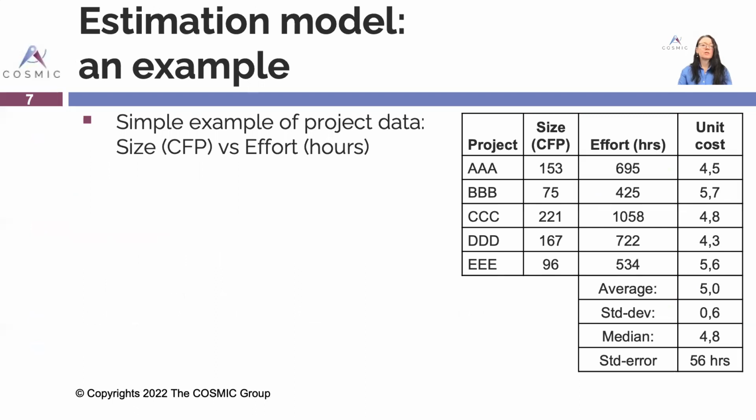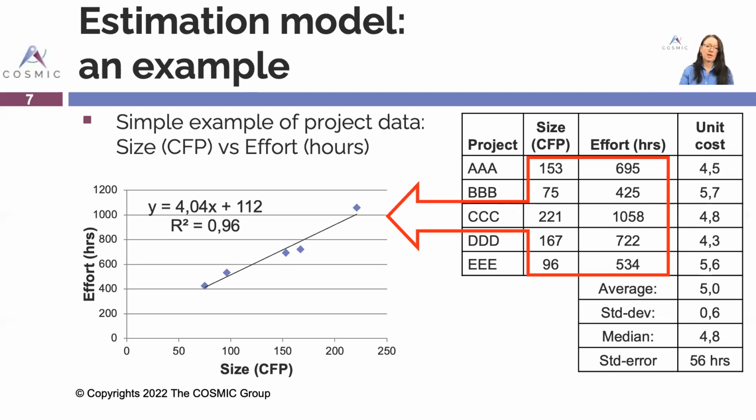For estimation, let's take a very simple example. Here we have 5 projects, A, B, C, D, E, with size and effort. Now, if we take these data and draw a simple graph of linear regression, Excel does that in just a couple of clicks.